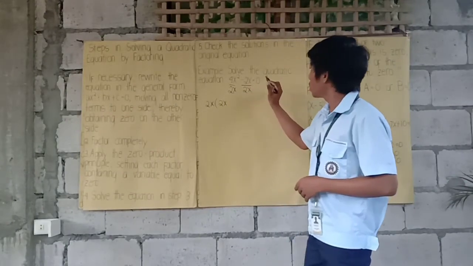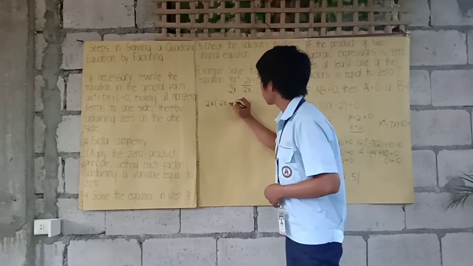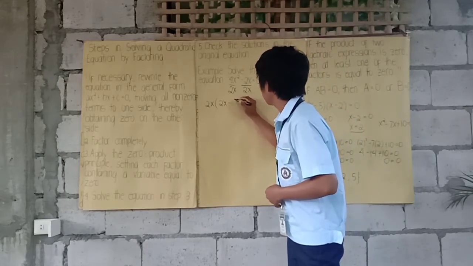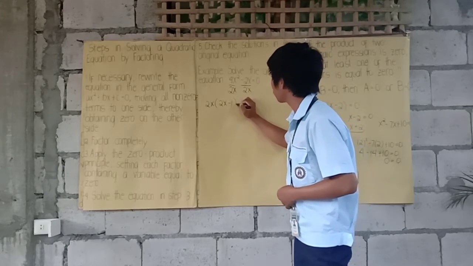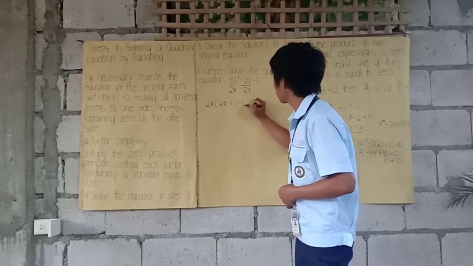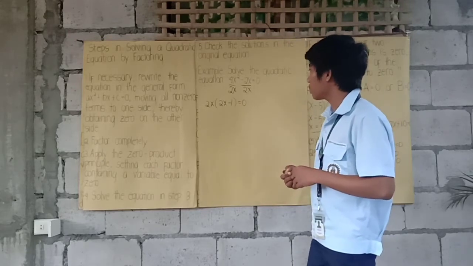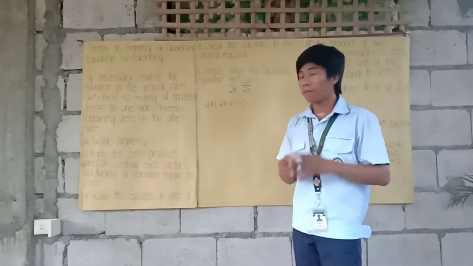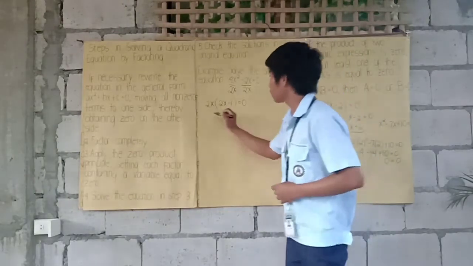So, 2x divided by 2x is negative 1. Kasi yun yung negative side niya. Is equal to 0. I-equate natin sa 0. So, pagkatapos niyan, i-separate natin sila at i-equate sa 0.